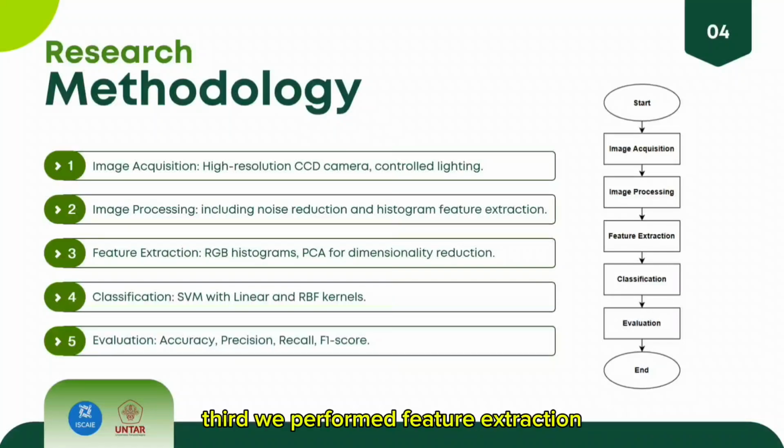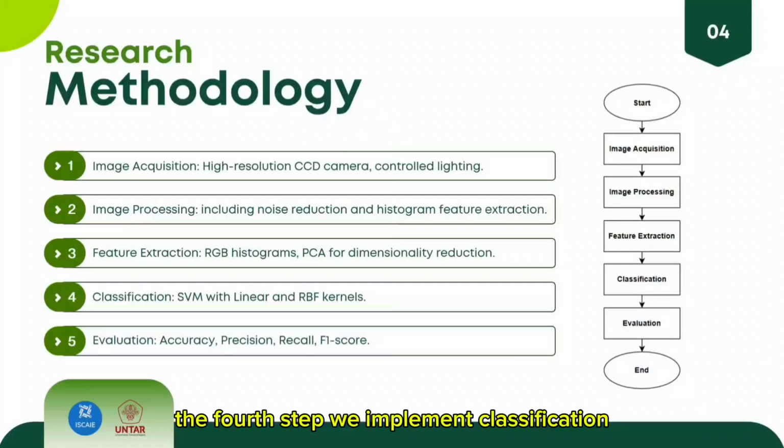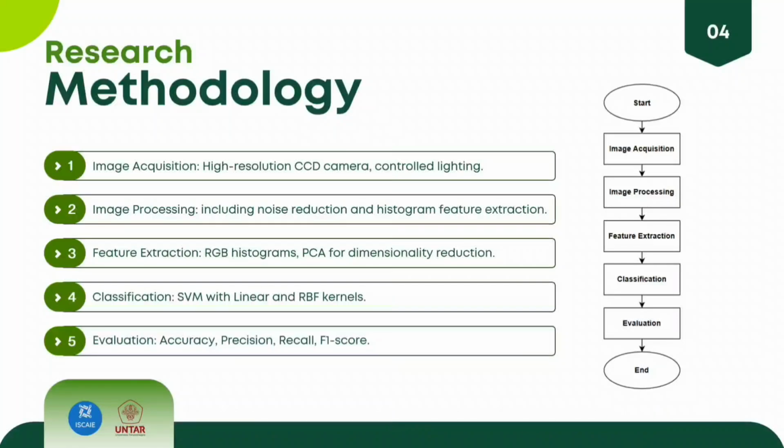Third, we perform feature extraction. We apply principal component analysis, or PCA, to transform the structured histogram data into a lower dimensional feature space while preserving the most important information. The fourth step is classification. We train an SVM model using 2 different kernels, the linear kernel and the RBF kernel.